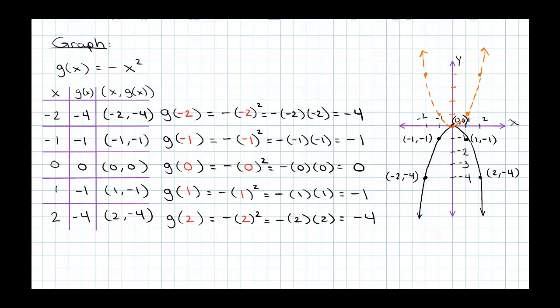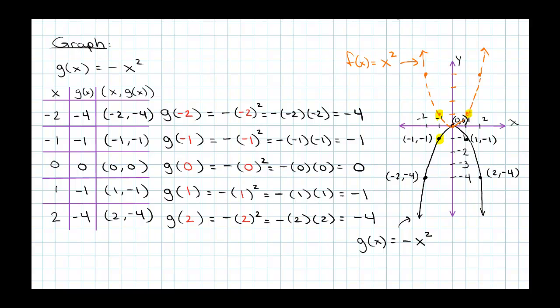Every point that is on our parent graph, it's like a mirror image on the other side of the x-axis. So the orange dotted graph is f of x is equal to x squared, whereas the black solid graph is going to represent my g of x, which is equal to negative x squared. That way you can see the similarities as well as the difference.